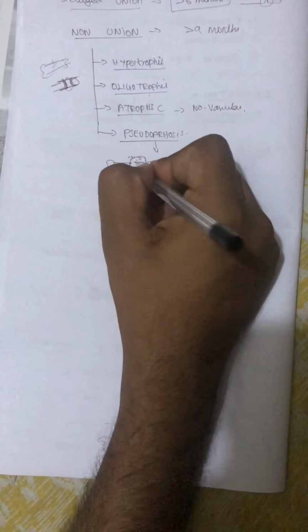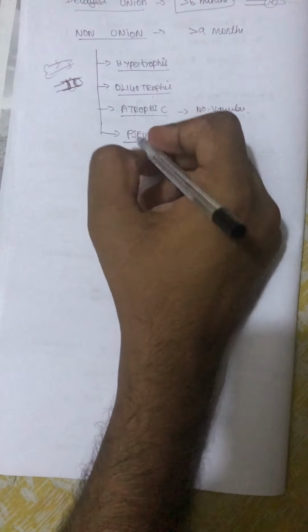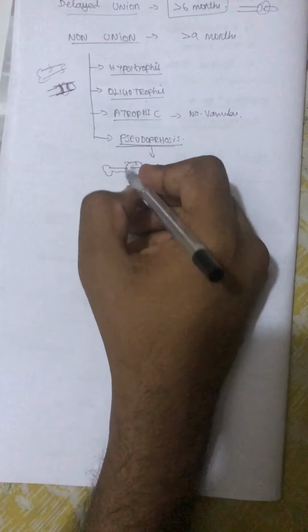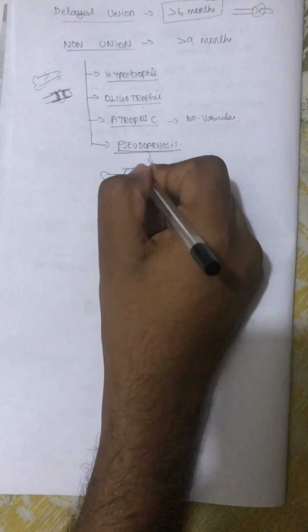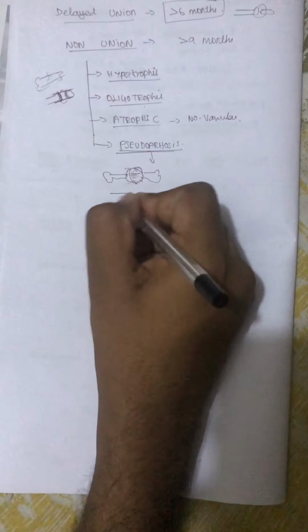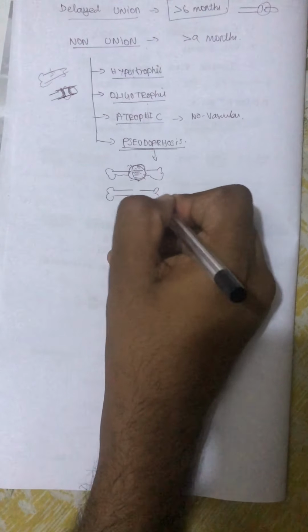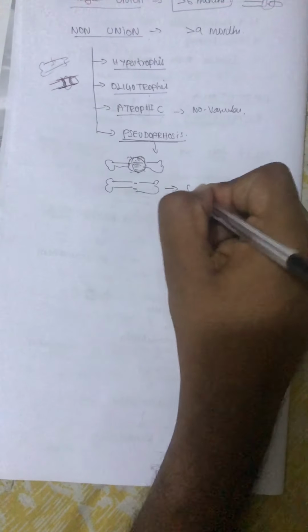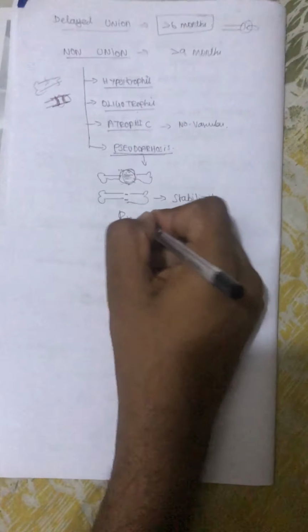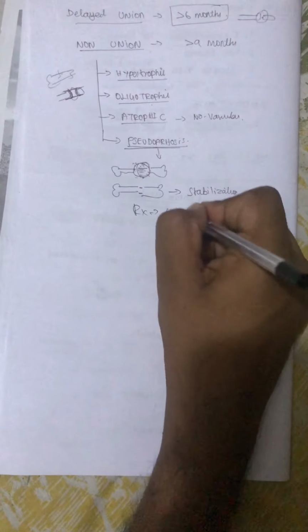So this is named pseudoarthrosis. Okay, how will we correct this? First we have to do a surgery and remove the cyst, then there will be a gap here, then we have to do bone replacement here, then stabilization. So the treatment we can simply say is corrective surgery.